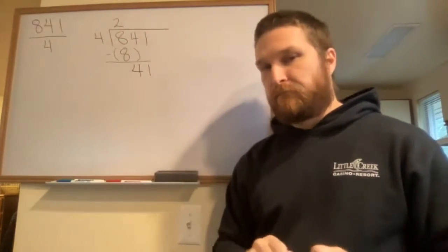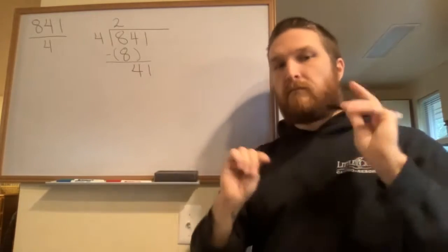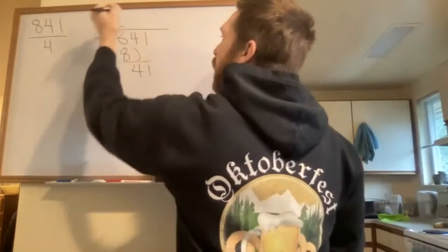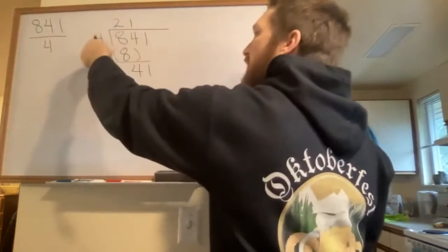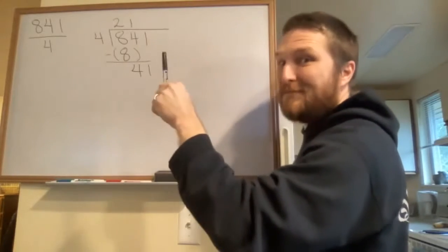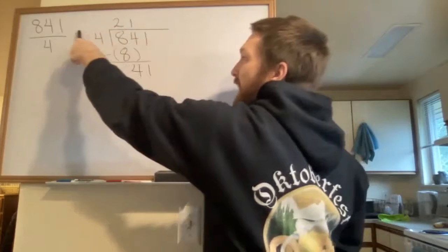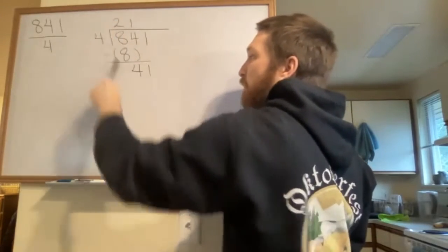Now, you get the 4 into the 4 and you get a 1 on top, because we're thinking, okay, what number times 4 gives me a 4? Well, 1. 1 times 4, and notice what I'm doing, right? This is going to be important. I take this number, multiply it by this number, whatever it happens to be, and then I put it down here.